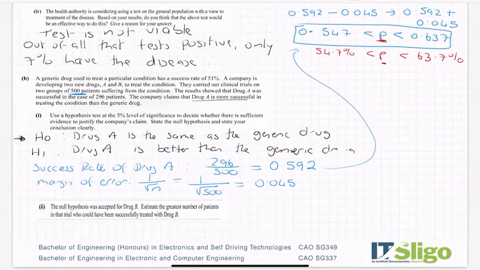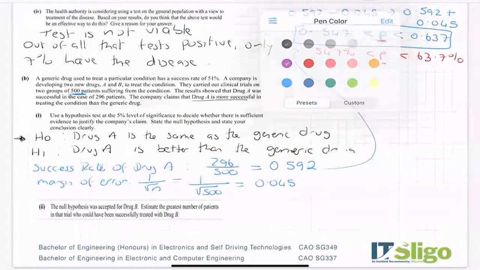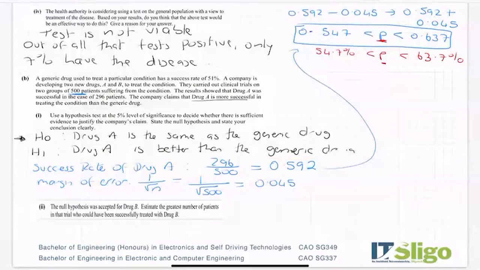Then let's conclude. What does all this mean? Come back up to the question again. The generic drug has a success rate of 51%.